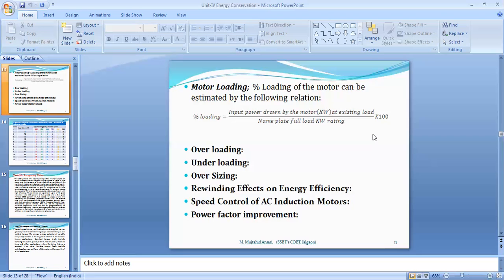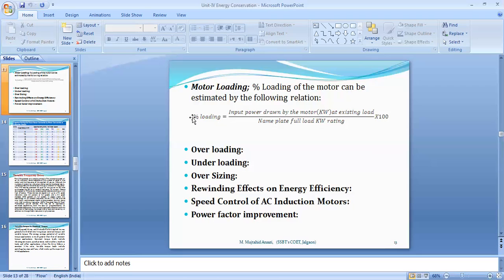Or we can simply calculate the percentage loading from the current drawn by the motor. The input current drawn by the motor is easily measured with the help of a tong tester or CT units. So we are able to measure the current and divide by the nameplate full load current, which will give the percentage loading of the motor.